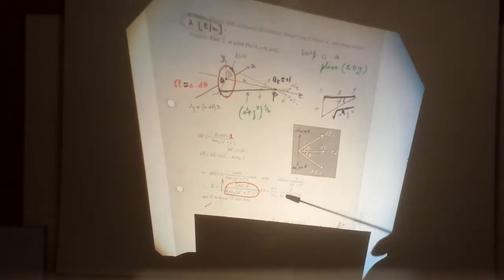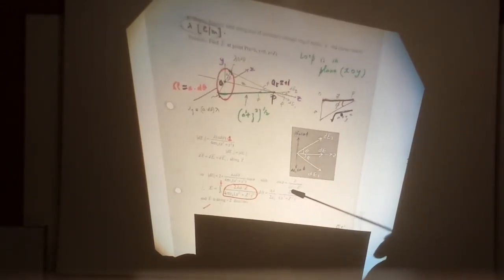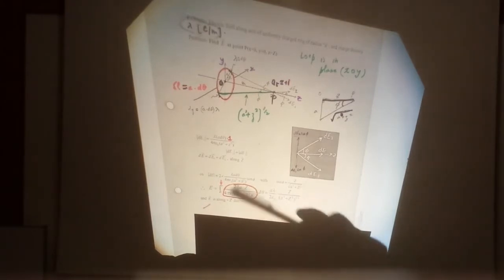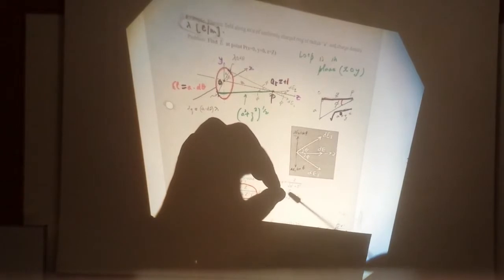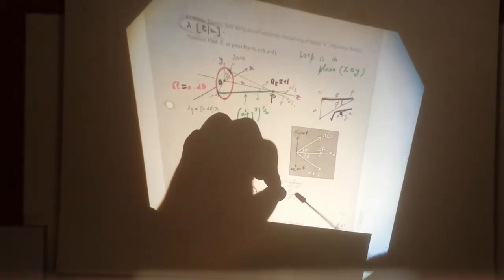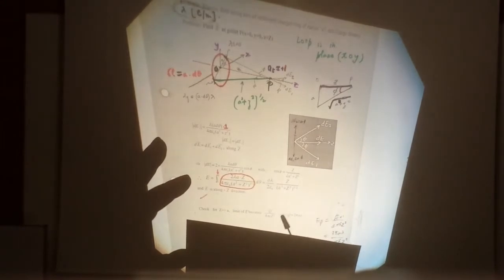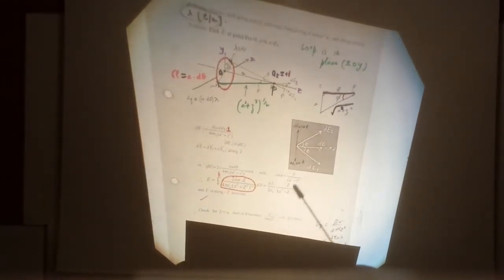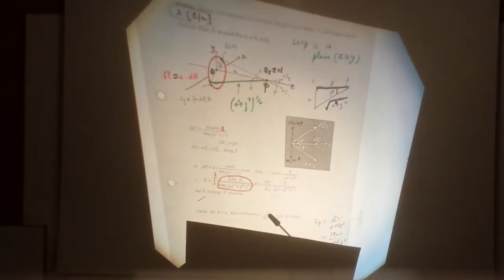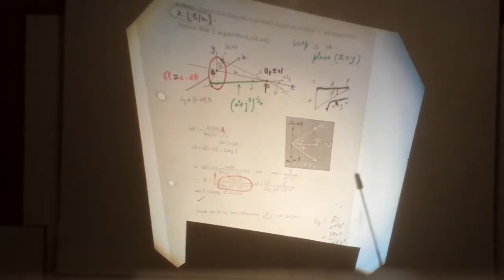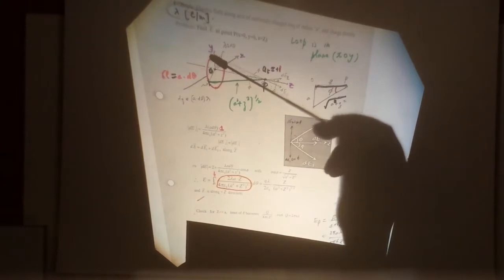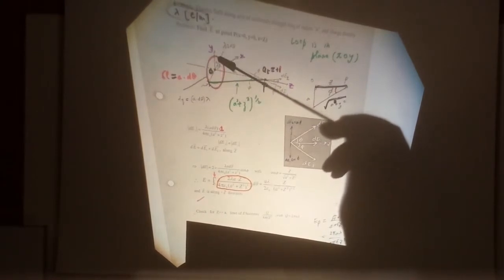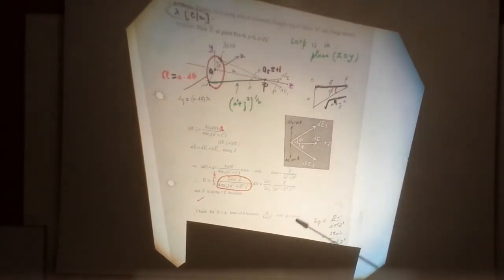Z is much bigger than A, so A can be neglected. So I have Z over Z cubed, which is Z squared. So finally, you can see, I found out that the limiting form of E for Z much bigger than A becomes Q over 4 pi epsilon Z squared, where Q is 2 pi A lambda, because this loop is 2 pi A, the circumference, times lambda, the total charge 2 pi A lambda.